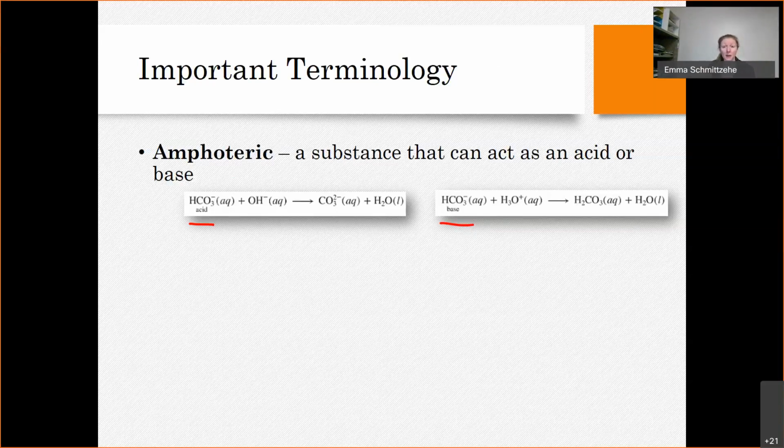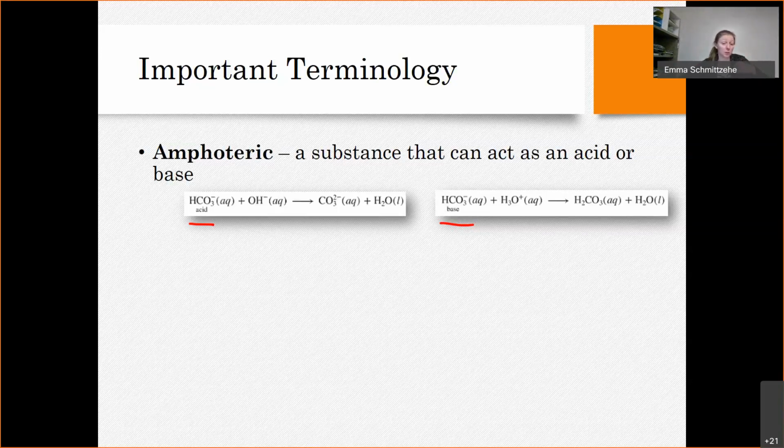If something has hydrogen, it potentially could give up H plus, but there are lots of things that have hydrogen that don't, so you do have to be a little careful. Usually you look at the chemical formula, and if the H is written first, then normally that is an acidic hydrogen, one that can be donated. Since I wrote this as HCO3 minus, writing that H first is a hint that it is capable of being donated.